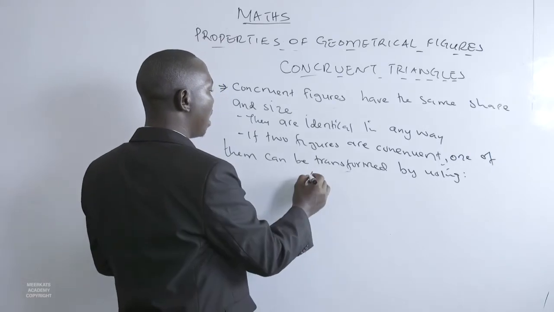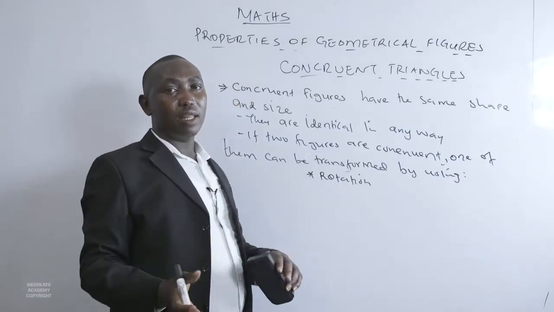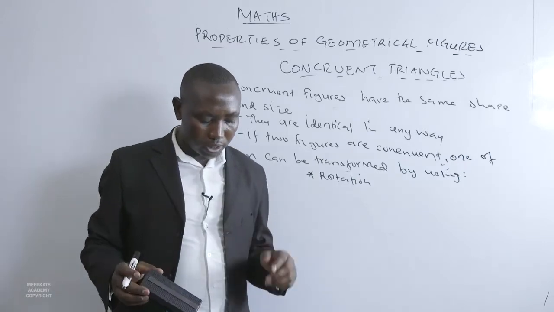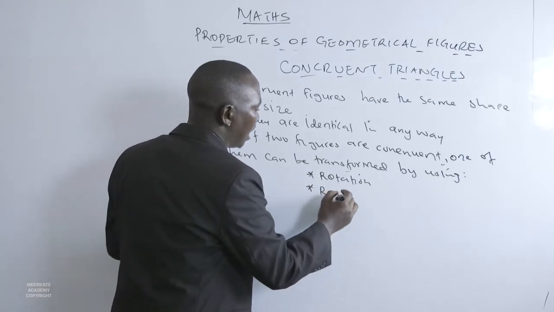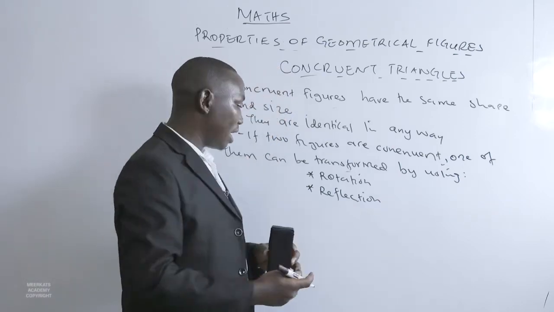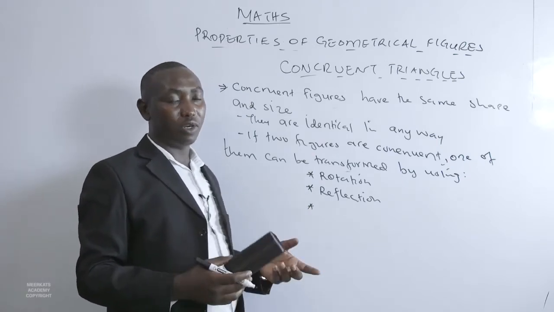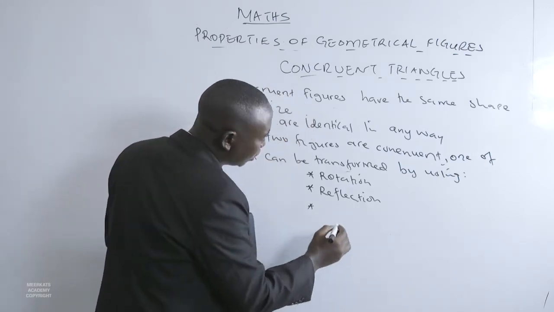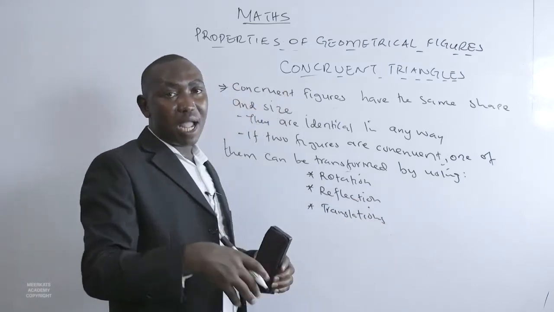First, we have rotation, and in rotating, you can rotate clockwise or anti-clockwise through a given angle, or about a particular point of rotation. Also, reflection, where you have the mirror line and reflect the figure on the other side. And the last way in which you can transform congruent figures is by use of translation, for them to match the other figure.